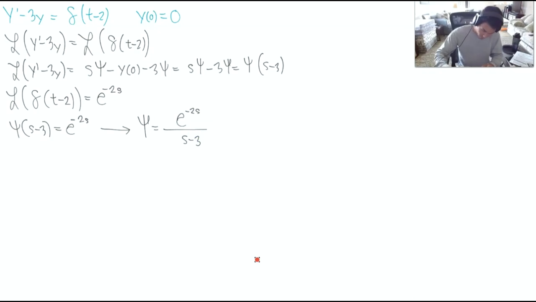And we want to take the inverse of this, so y, because that's our solution, is the inverse of e to the negative 2s divided by s minus 3.